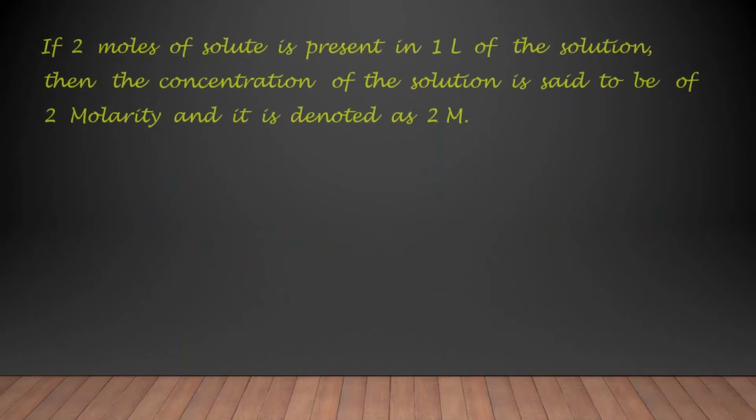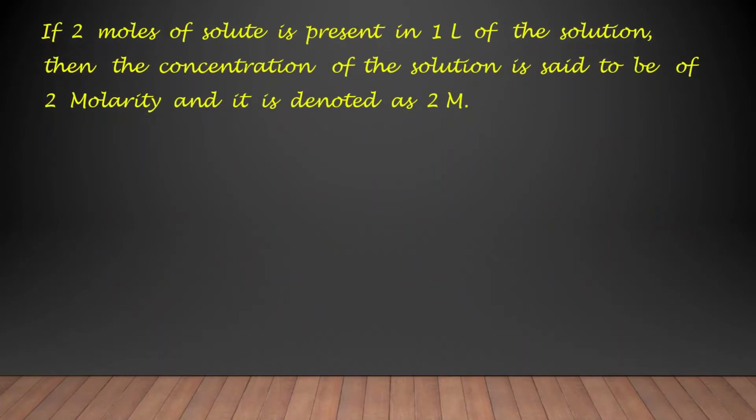Suppose 2 moles of solute are present in 1 liter, then the concentration of the solution is said to be 2 molarity, and it is denoted as 2 M. So if 1 mole of solute is present in 1 liter, then the concentration of the solution is 1 molarity.